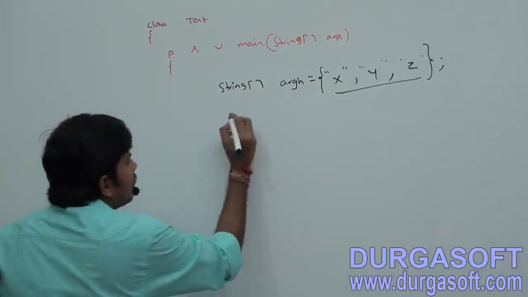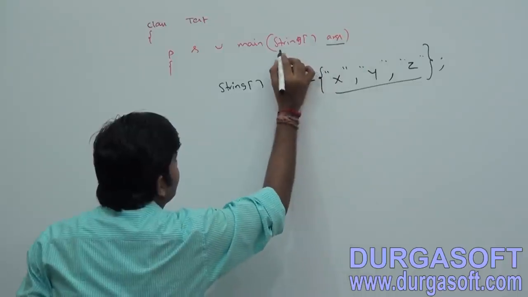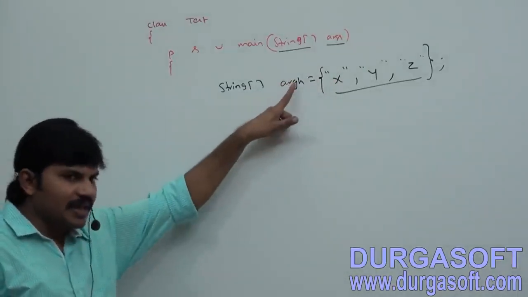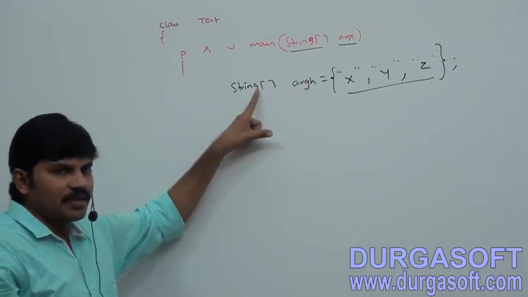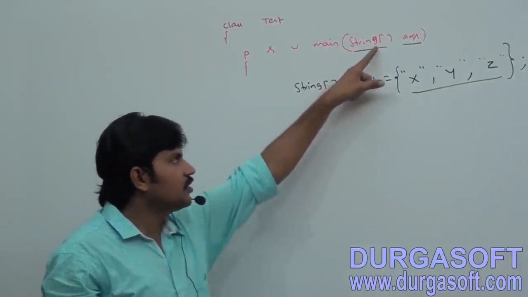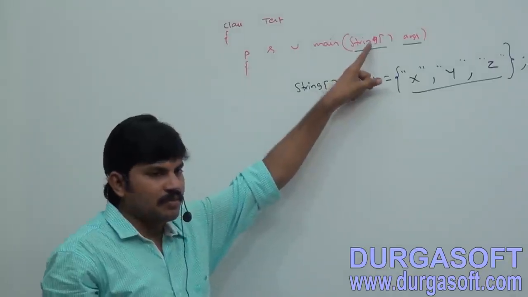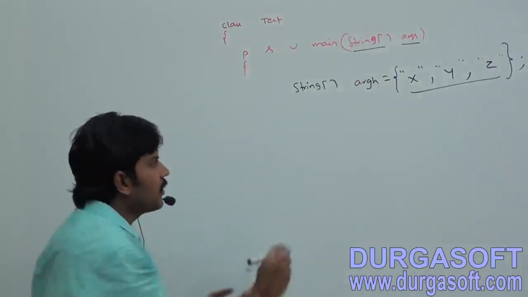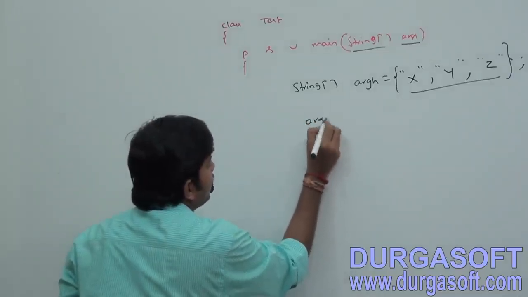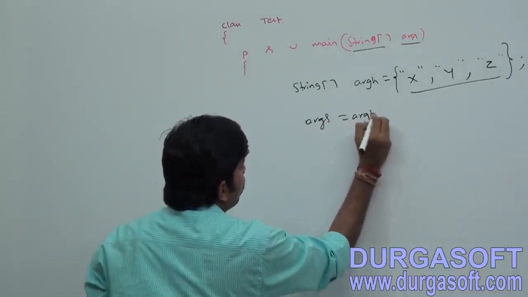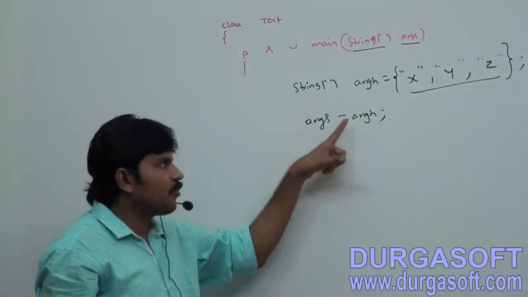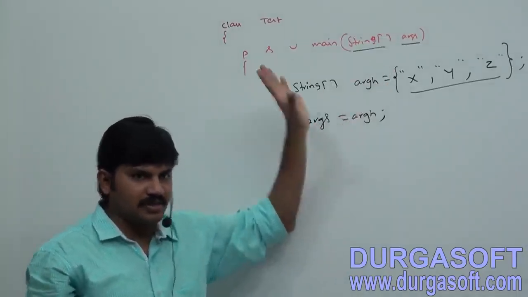Now, args is what type? String array type. Argh is what type? String array type. So can I assign this one to this one? Because both are one-dimensional string arrays only, args is equal to argh. Now onward my args is pointing to argh.